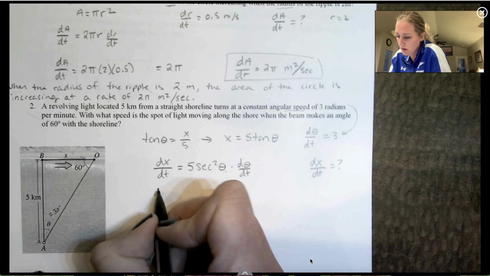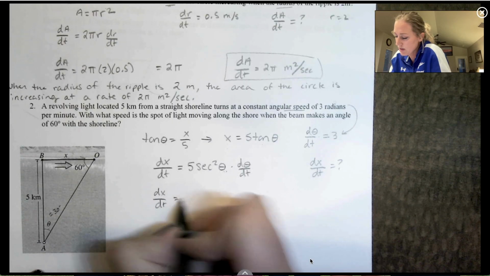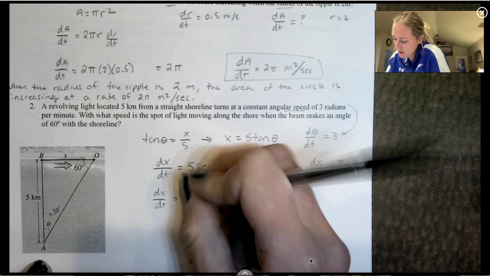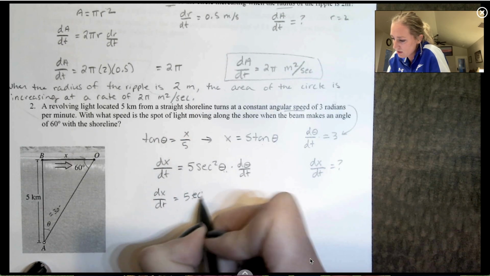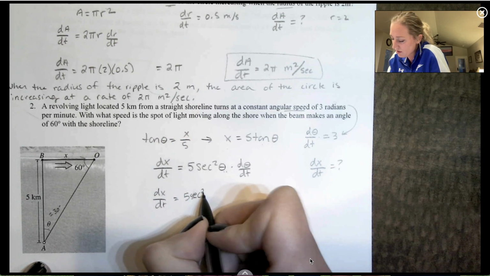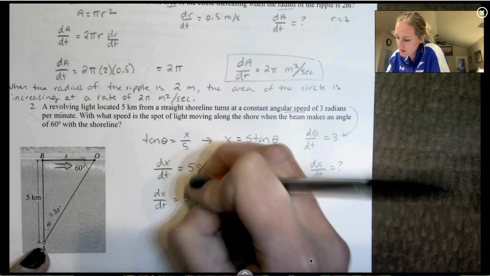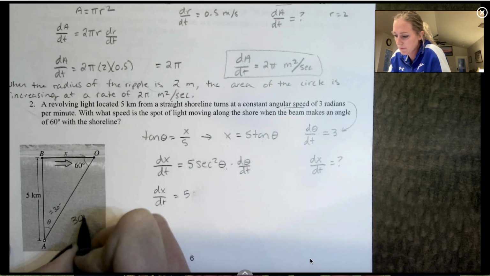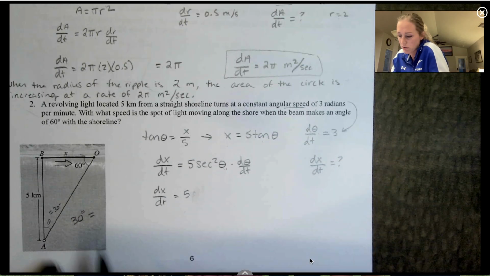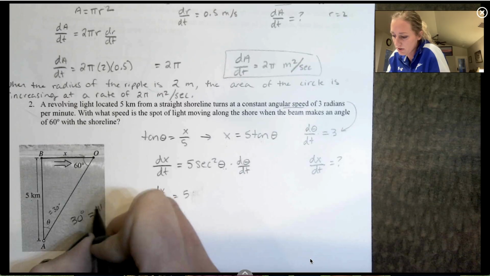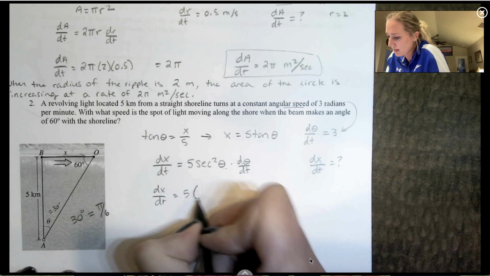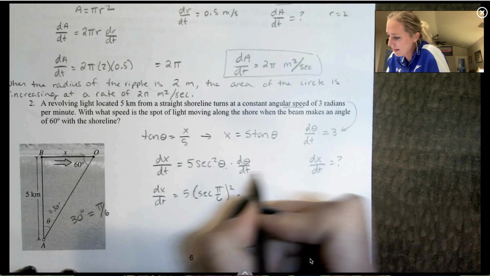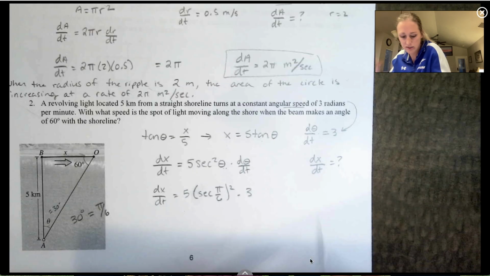We are looking for dx/dt. 5 times secant squared, and because this is in terms of radians, 30 degrees as a radian angle is pi over 6. So I'm going to put this in as secant squared of pi over 6, and then dθ/dt for us is 3.